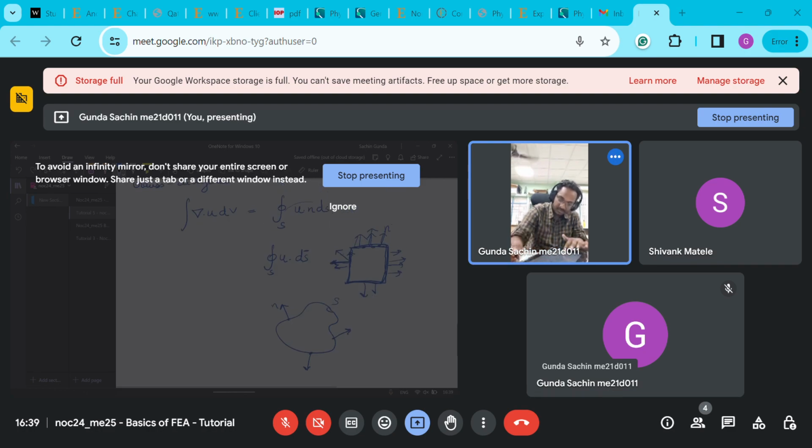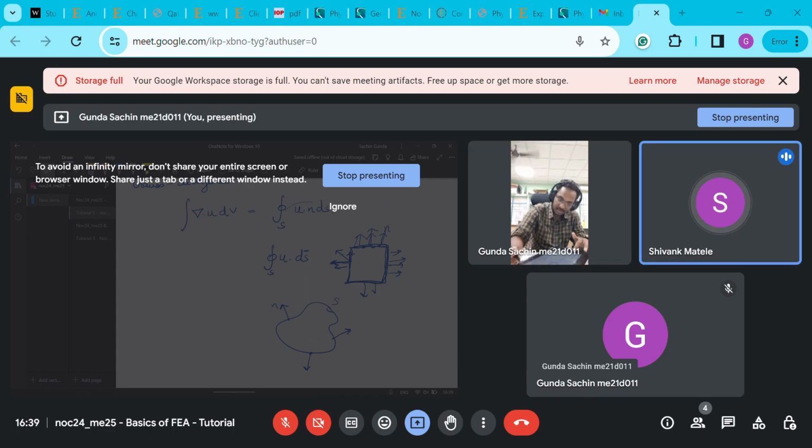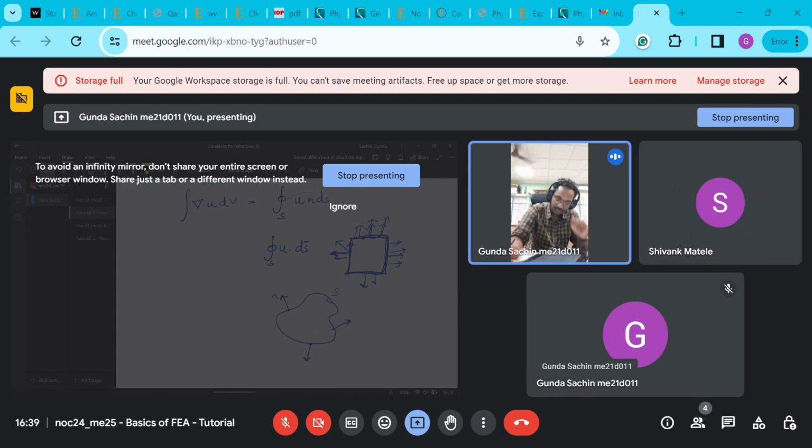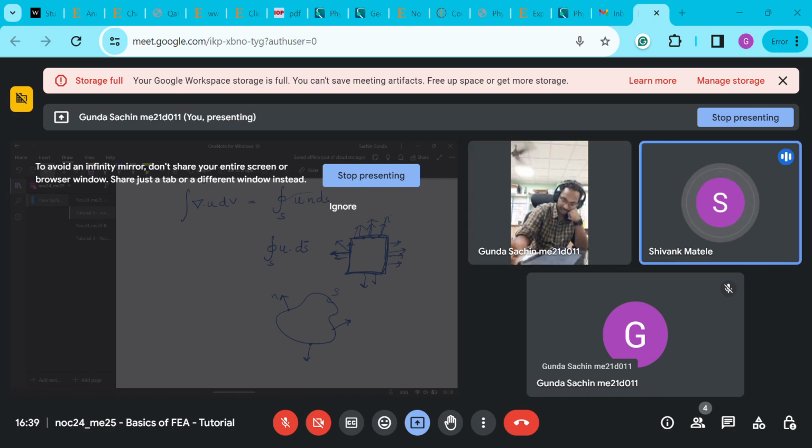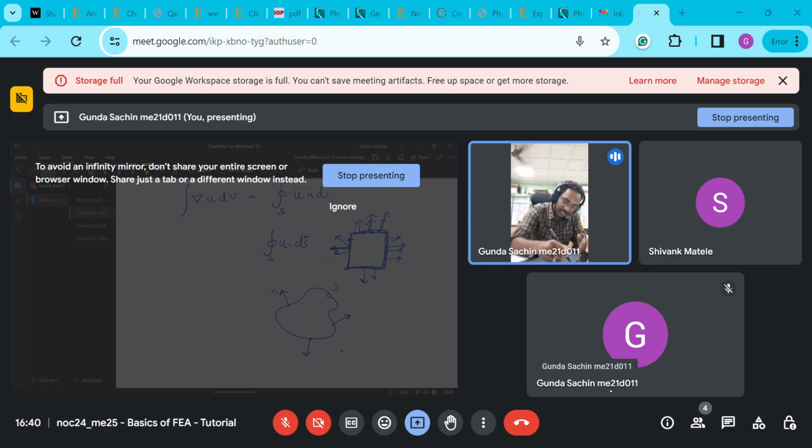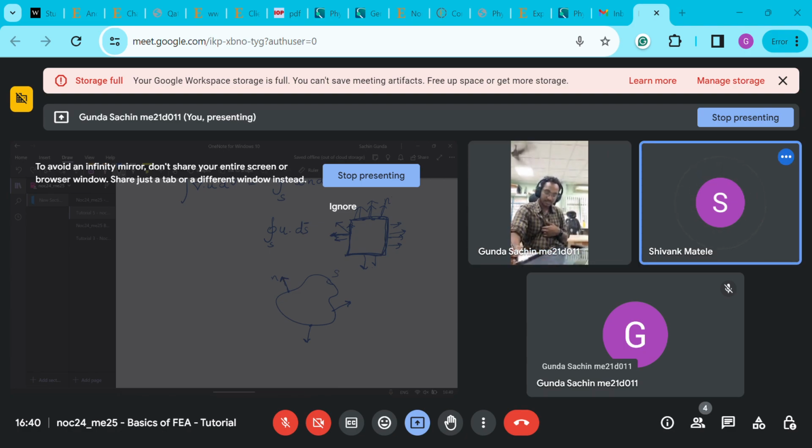At this point it would be normal to this. Okay. u is not normal. When you take the dot product, you will get a component along this normal.